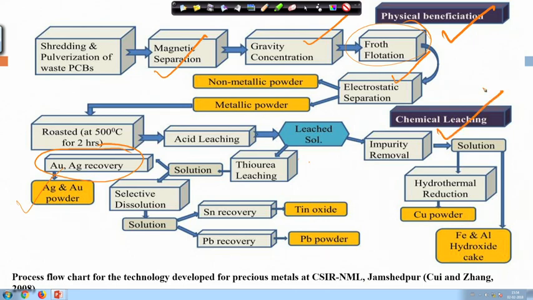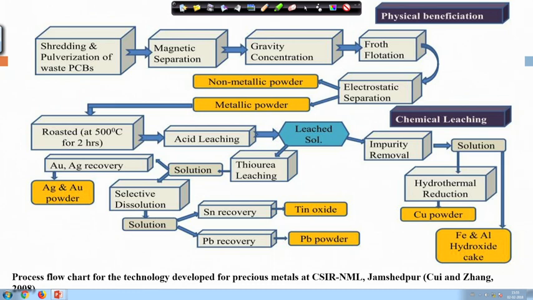Of course, some of these processes will be proprietary, some of them will have intellectual property rights. But if you are thinking of setting up an e-waste recycling facility where you want to recover these precious metals, in the broad picture these are the different components that you need to go for. It's a combination of physical and chemical processes.